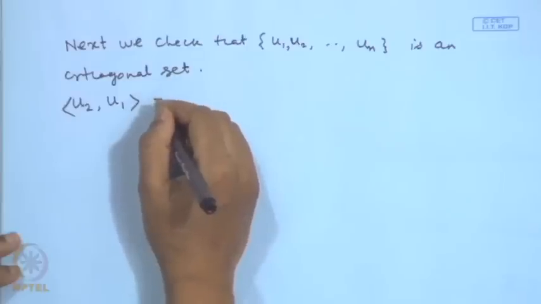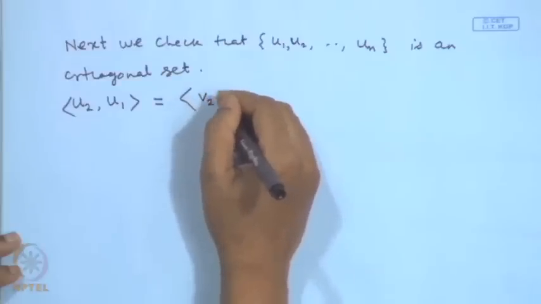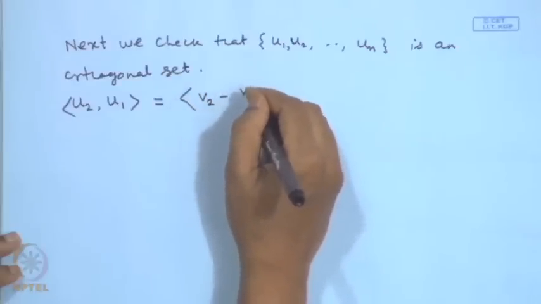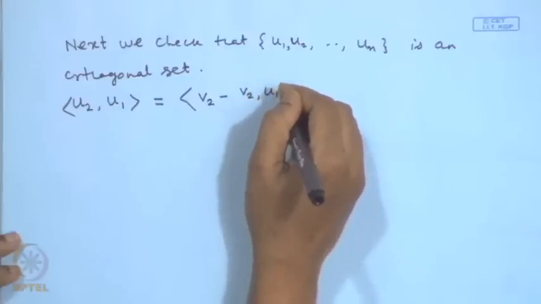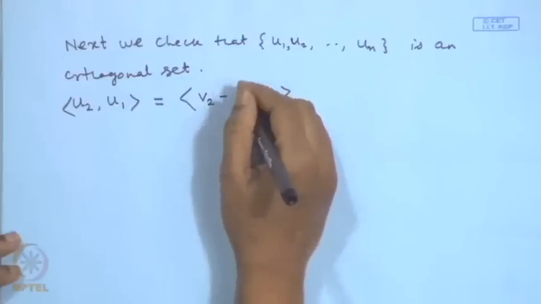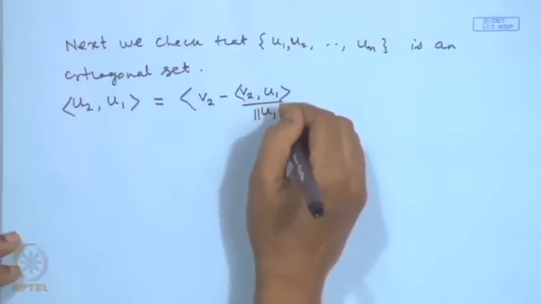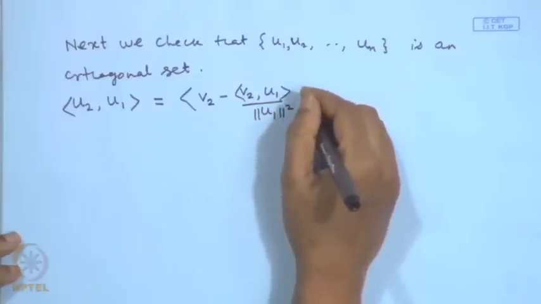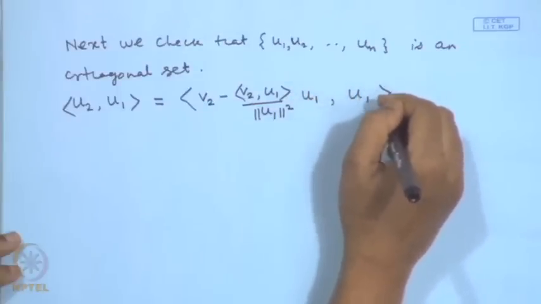This u2 is given by v2 minus the inner product of v2 and u1 divided by norm u1 square, multiplied by u1, and then the inner product with u1.